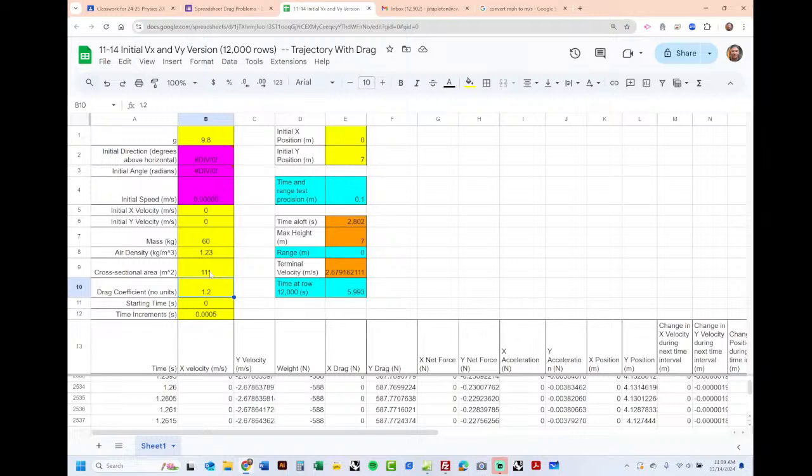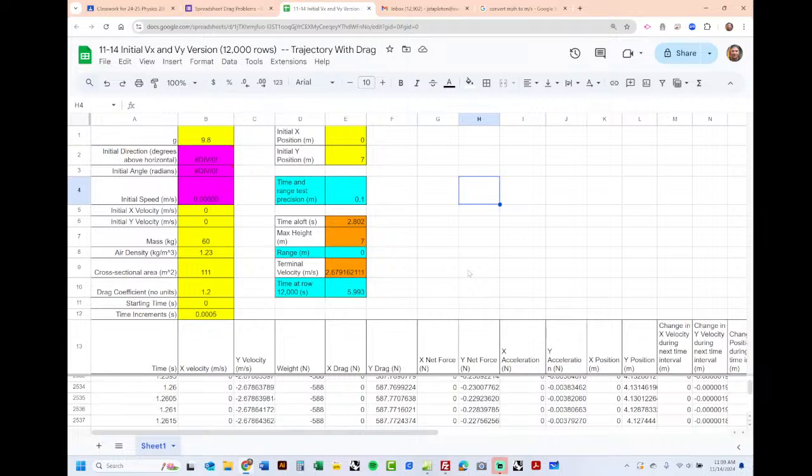And number 8 asks you for the diameter of this in feet, because I want you to be able to visualize how big this thing is. 111 square meters. It's hard to tell what that is. So how do I do that? I guess I could do that over here. And then we'll check.